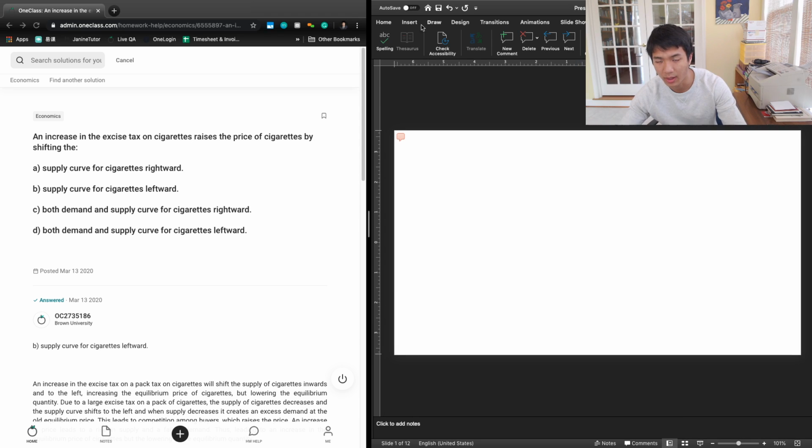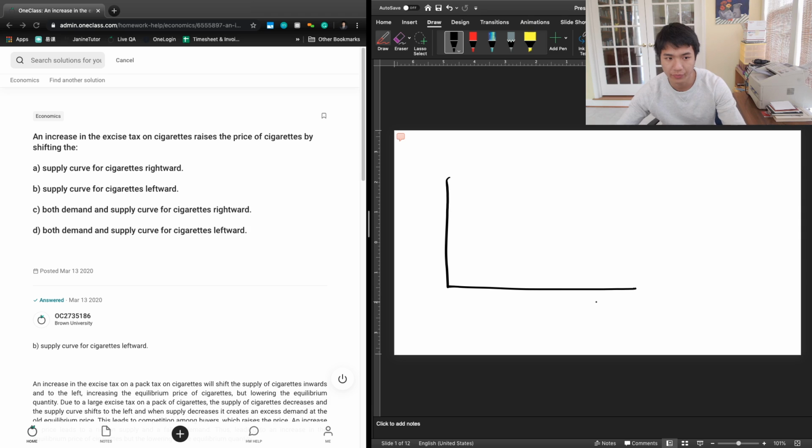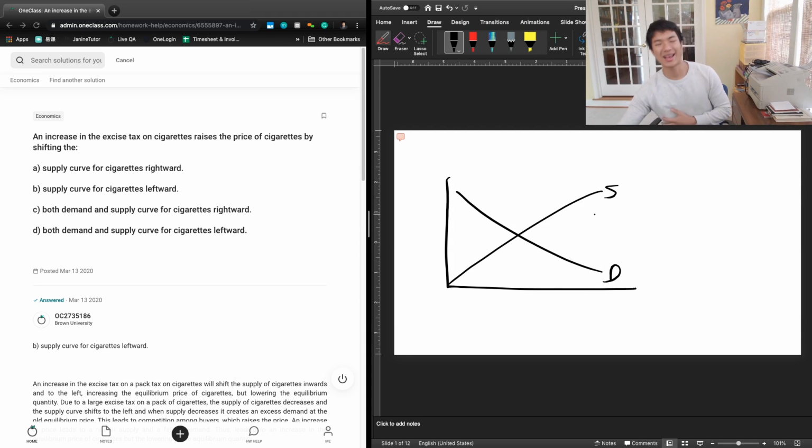Sorry, let me get to the draw. Yeah, here we are. So we have our supply curve and demand curve. An increase in the excise tax is going to be a tax levied on sellers that raises the prices of cigarettes at every single price level of the quantity supplied.